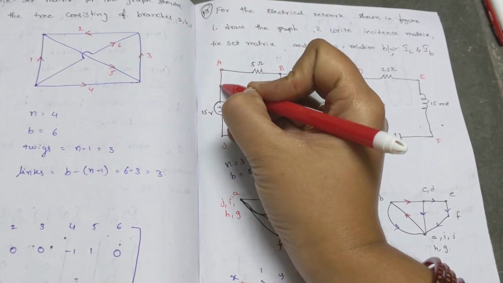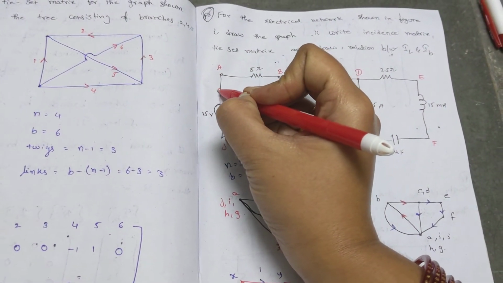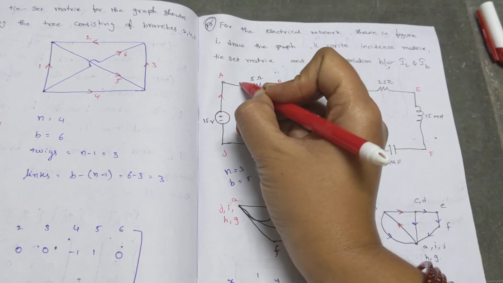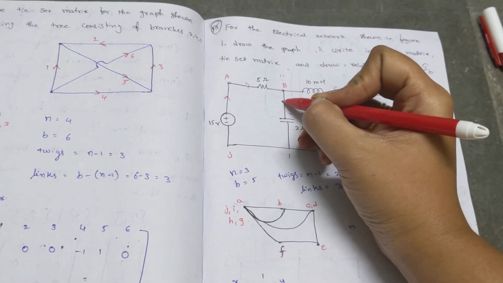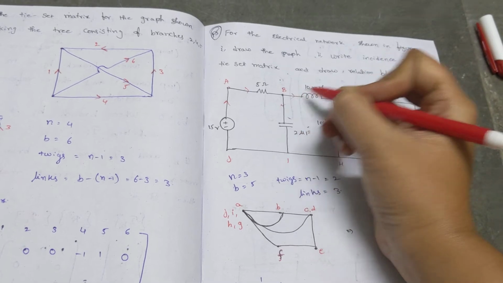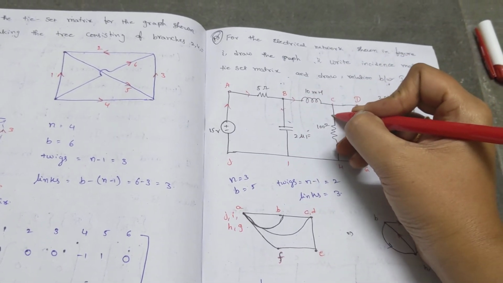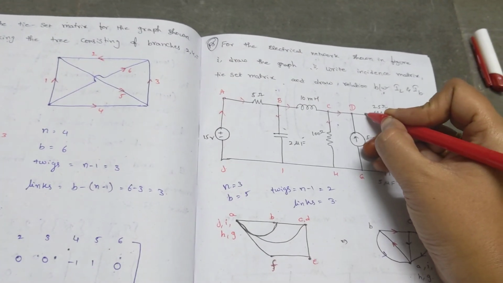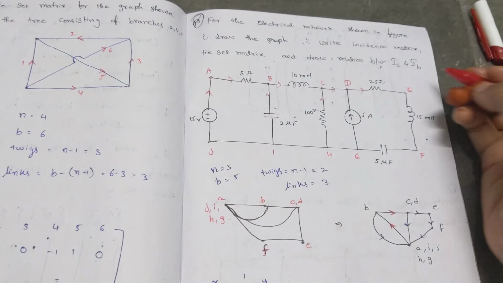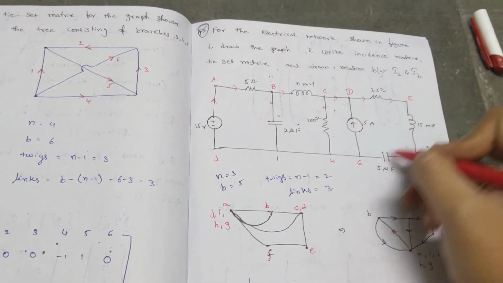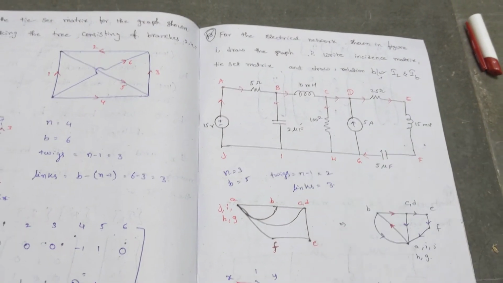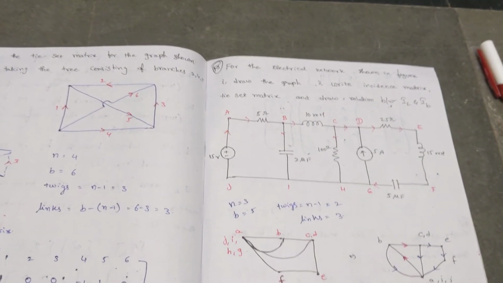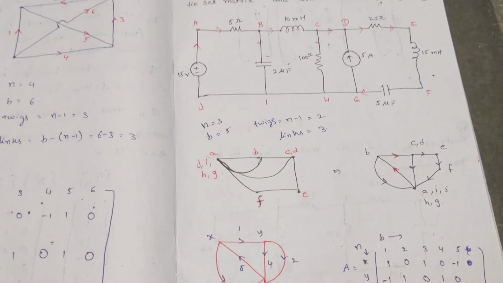So we didn't mention any current directions. So from this source, current is dividing like this. So this and this, from the current source, and here, and this from here, it will be available like this.